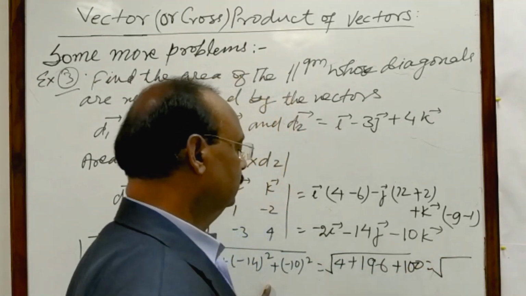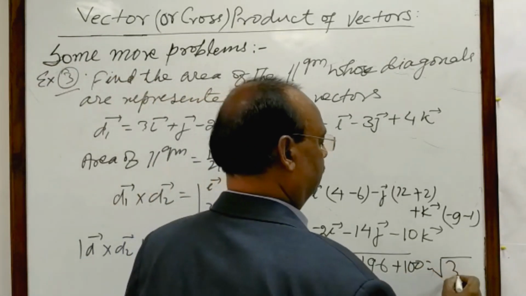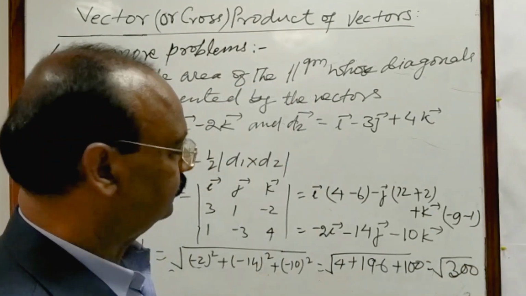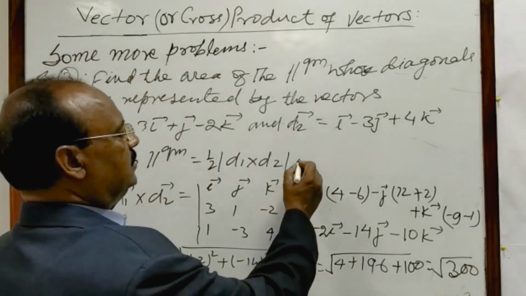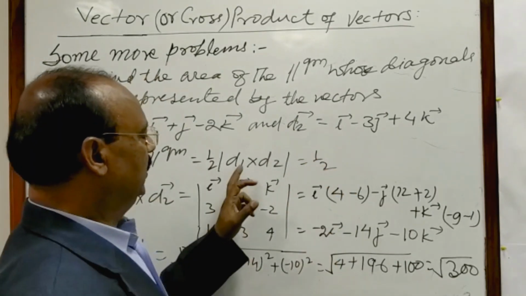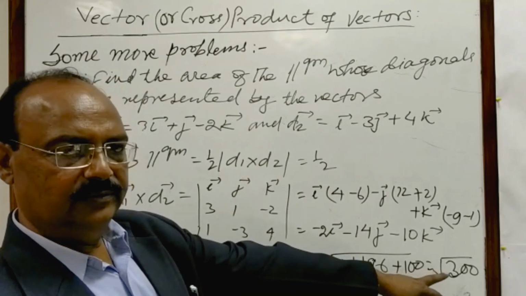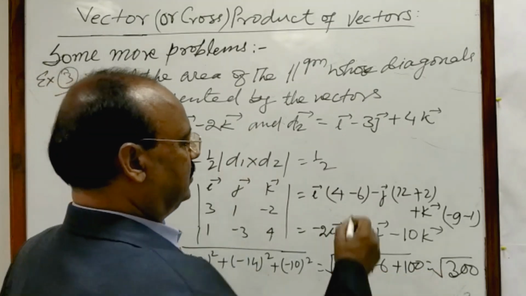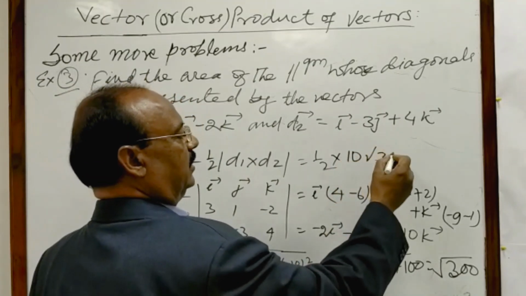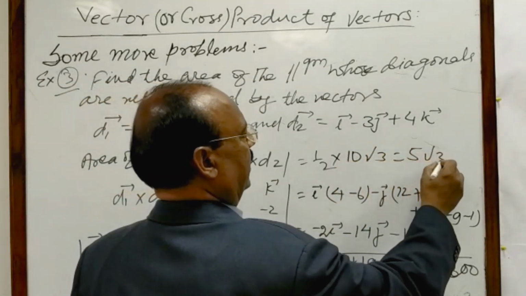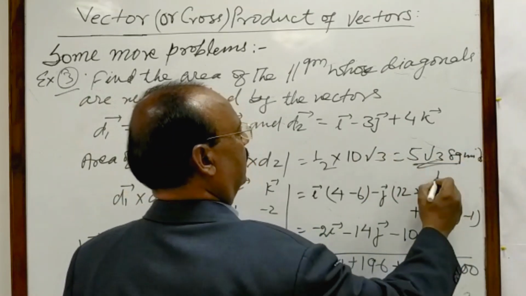This is equal to root over 300. So the required area of the parallelogram is half into the magnitude of D1 cross D2, that is half of root 300, that is half of 10 root 3. So the answer is 5 root 3 square units. This is the required answer.